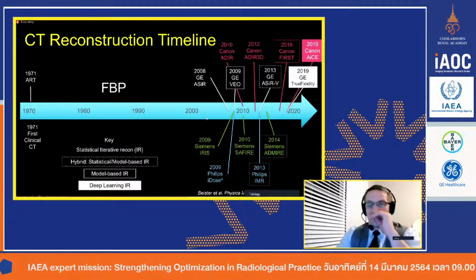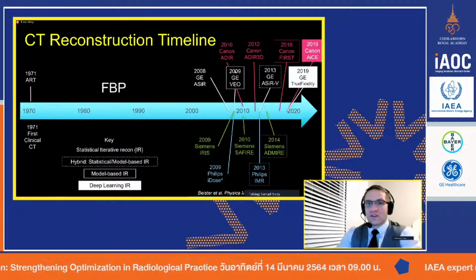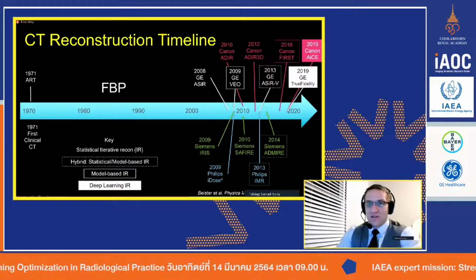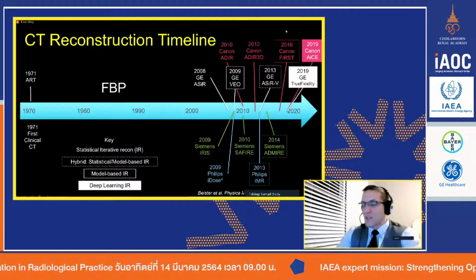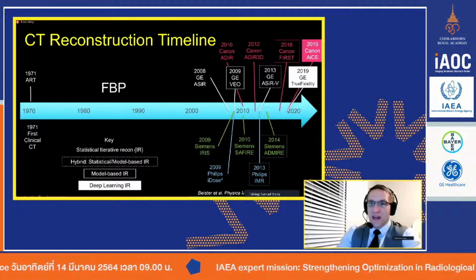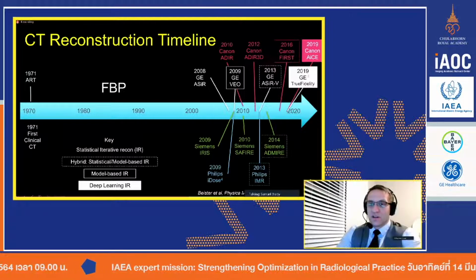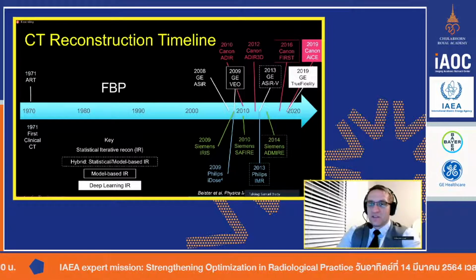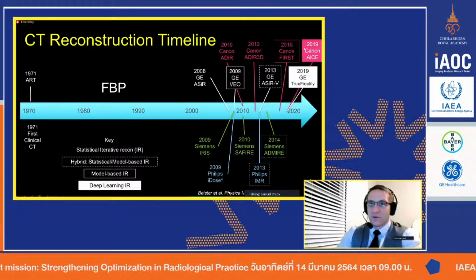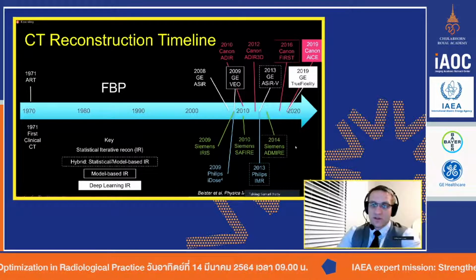There are various different flavors or different ways to use iterative reconstruction, depending on the type of scanner. And I'm not going to go into all the detail. That's a talk all in and of its own. But now, fast forward to 2019, 2020, there was a rollout of these new deep learning scan technologies. So far with Canon and GE, I'm sure Siemens at some point and Philips will also have their version.